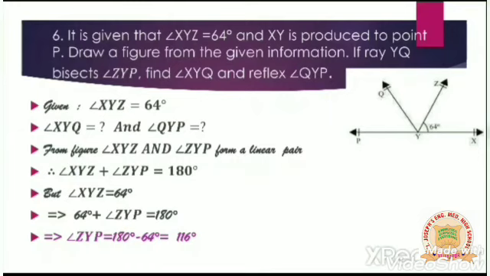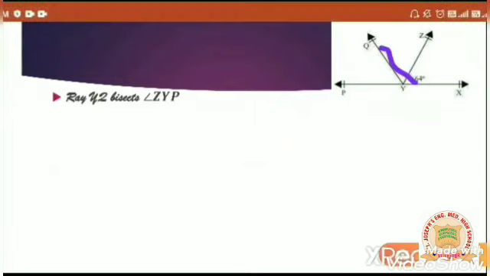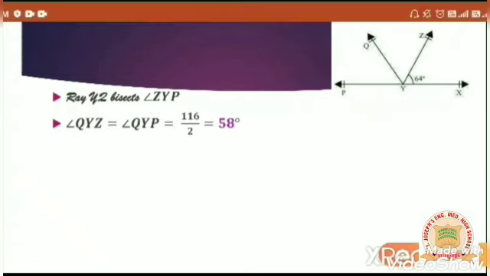Now next, can you see the ray YQ bisecting ZYP? They have given that YQ will bisect ZYP. It will divide the angle into two equal angles. So QYZ will become equal to QYP, because they are bisecting.